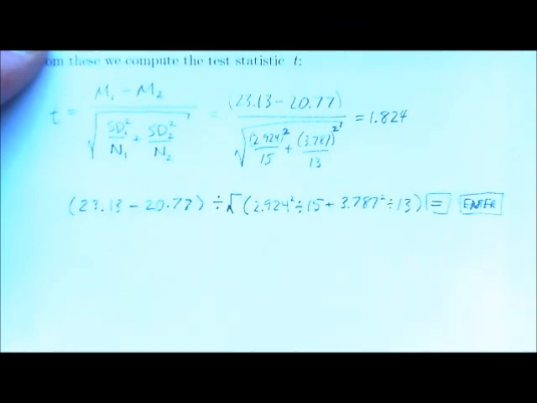So try that on your calculator. If that works out for you, then you should go to some of the exercises in Chapter 5. I believe it's exercise 9 that has you actually compute some values of the test statistic t when you're given various means, standard deviations, and sample sizes.